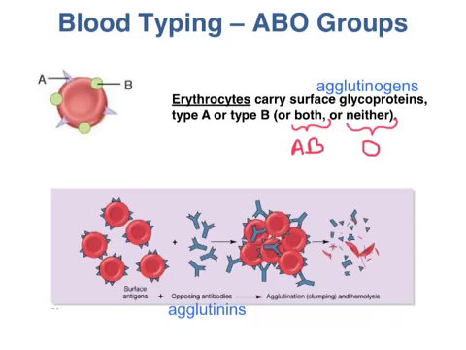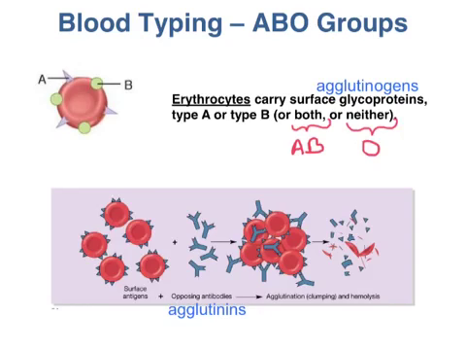Antibodies are proteins that are naturally produced by your immune system, and usually they are only produced once you see an infection, a bacteria or virus, and your immune system will make antibodies against the bacteria or virus. So antibodies attack things that are not normally present in your body.